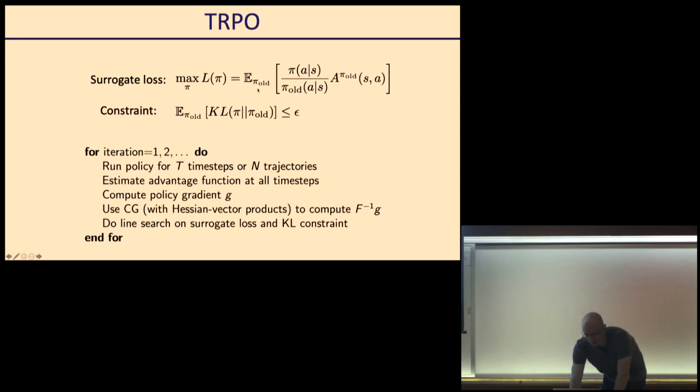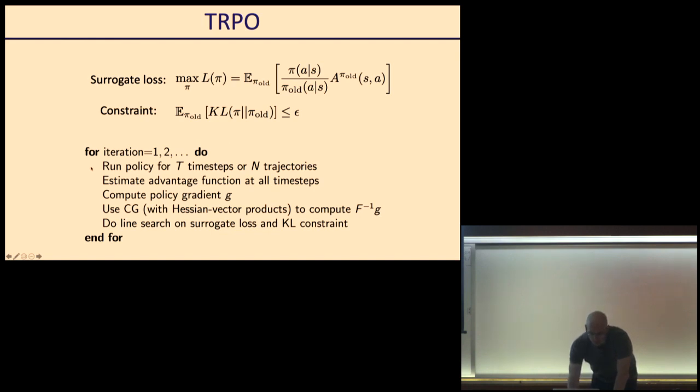For each rollout, each action and state we have, there will be an entry in this objective: the probability under the new policy of the action given the state, which is what the neural net prescribes, divided by a fixed number, pi old of the action given the state, and then multiplied by the advantage under the old policy. Then we have a constraint: the KL divergence should be small, so we don't want to move too far away from our previous policy.